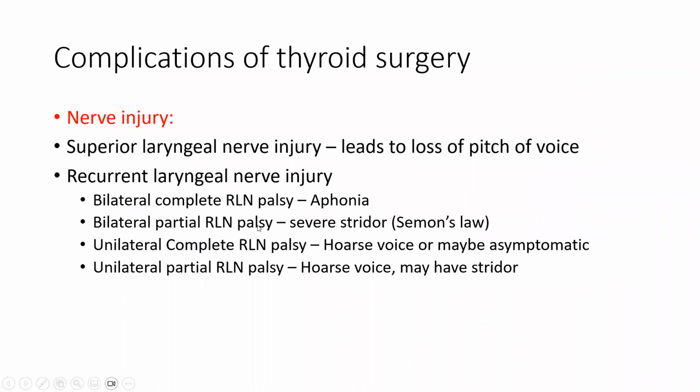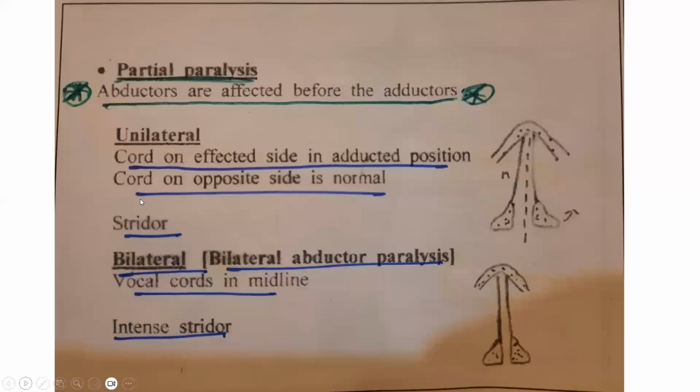If it is bilateral partial recurrent laryngeal nerve palsy, you get a severe stridor. That is known as Simon's law. With partial injury to the recurrent laryngeal nerve, the abductors, the muscles that move the vocal cords away from the center, are affected before the adductors. Let me draw it.